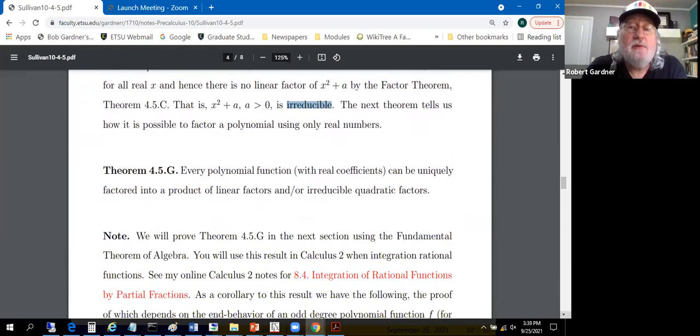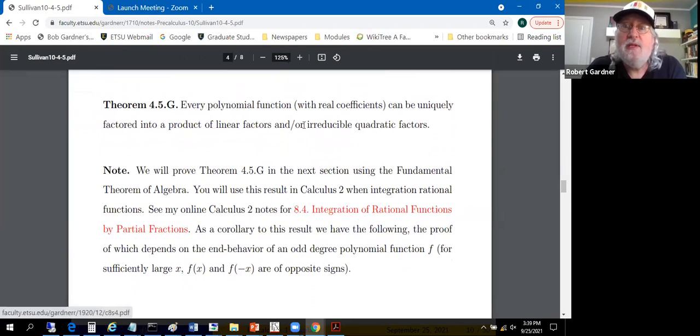Proving that is beyond our abilities. It's a useful observation. You'll use it actually in Calculus 2, as we'll talk about in a second.